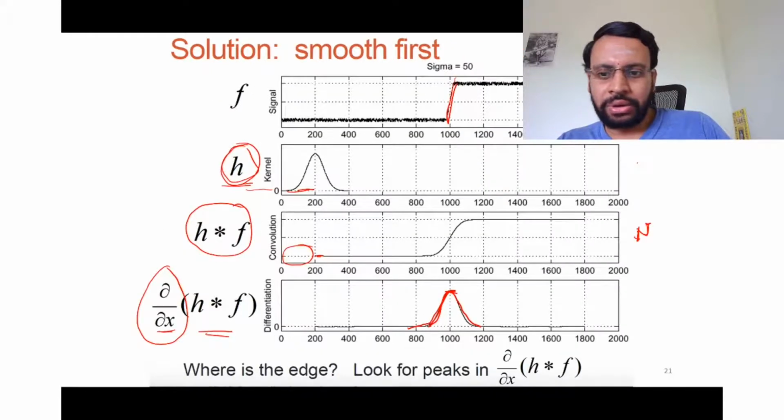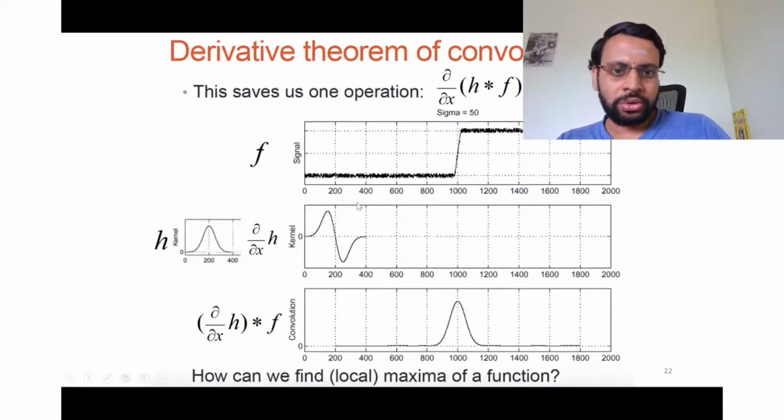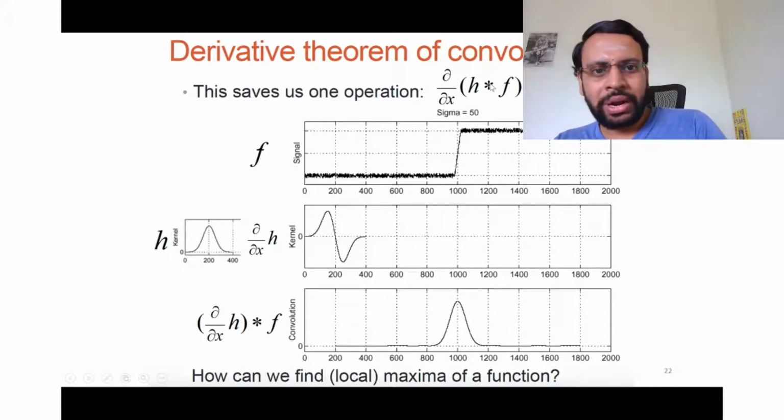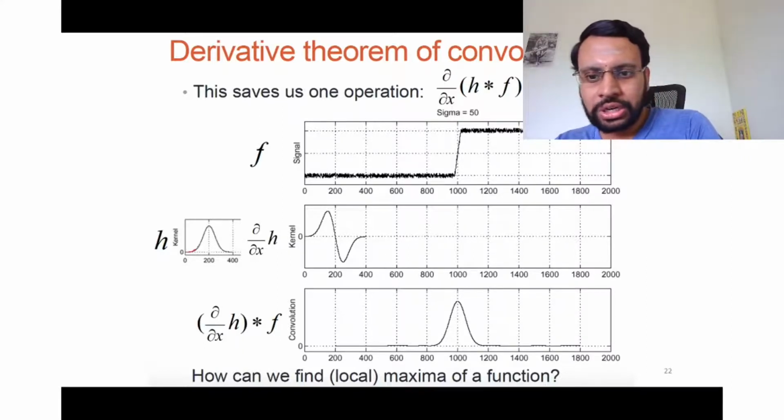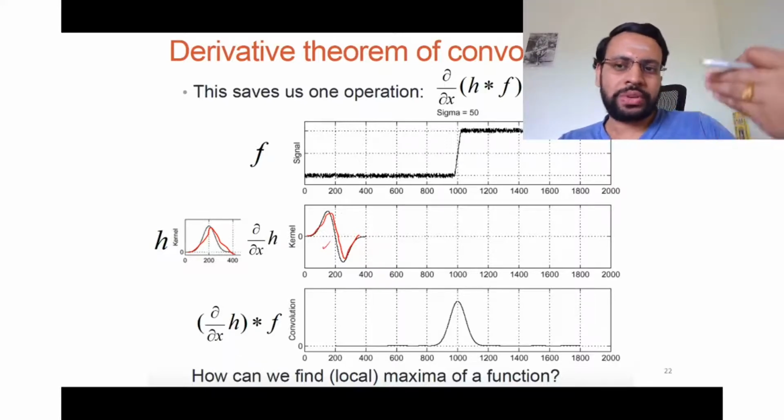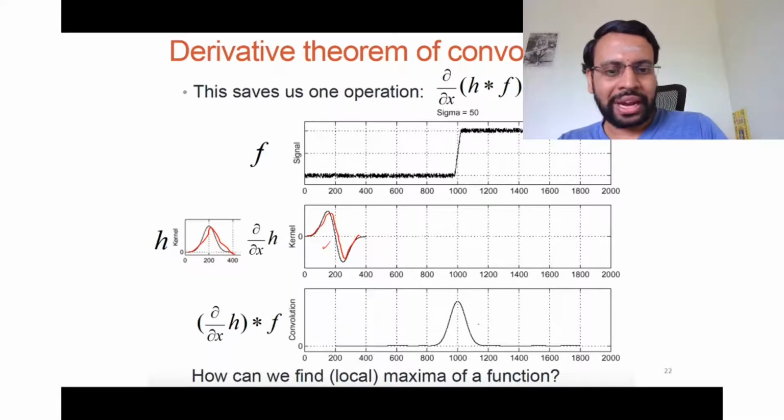Essentially what we are doing is ∂/∂x of H convolved with F. Now this could be written as ∂H/∂x convolved with F. So you are taking the derivative of your Gaussian kernel, and simply with that you convolve F. So this is your Gaussian kernel, you all know this would be the derivative of it, and you just do a convolution over the data set of n points directly with this, rather than doing two separate convolutions with data size of capital N. Then you would arrive at the same result.